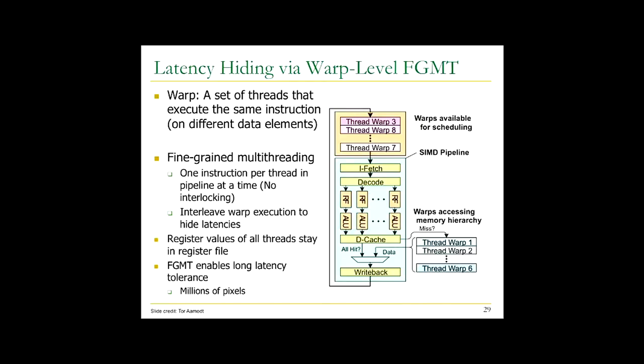Each thread does 7 instructions, but you have millions of pixels. If you assume that a warp is 32 threads, you divide a picture with millions of pixels into warps of 32. So you have 1,000,000 divided by 32 warps. Your latency tolerance is really huge. Even if one warp waits for 1,000 cycles, you have thousands of other warps coming into the machine.